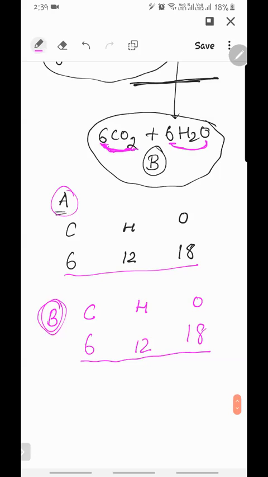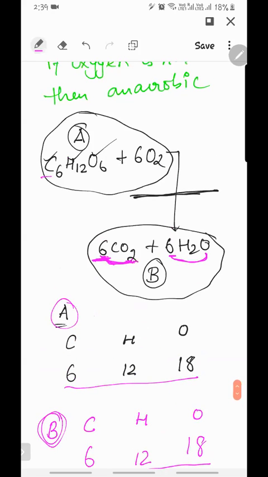Okay, here 6 carbon is present. So when we break the 6 carbon in the presence of oxygen, it will form 6 carbon dioxide. This oxygen will combine with this and form 6 molecules of carbon dioxide.